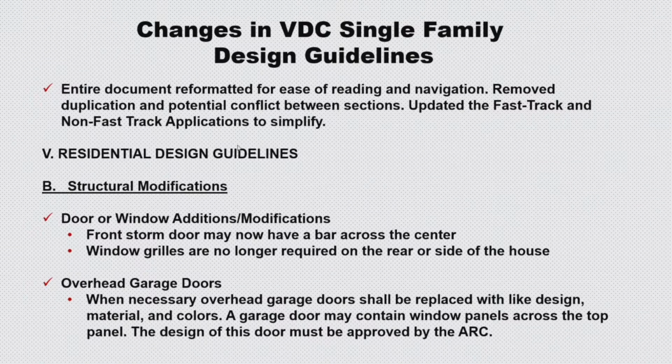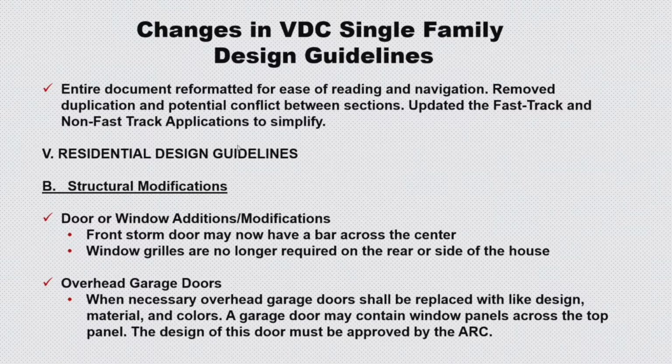Under the residential design guidelines, structural modifications, window and door modifications. For years, people have been fussing about we wouldn't allow a bar in the screen door in front. We now allow a bar. As a matter of fact, I think you're going to see that all of the changes are in favor of the resident as we go forward here.